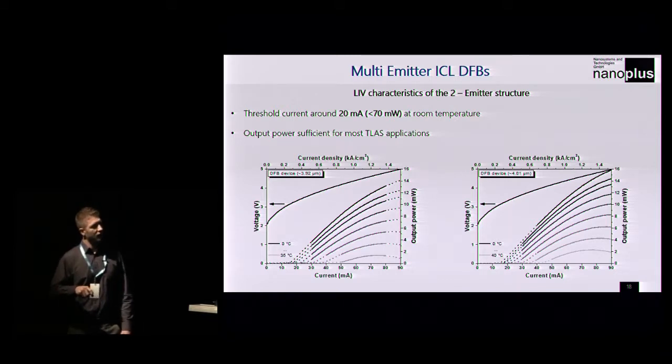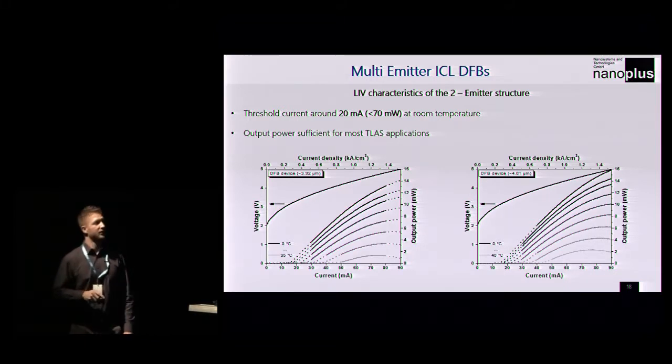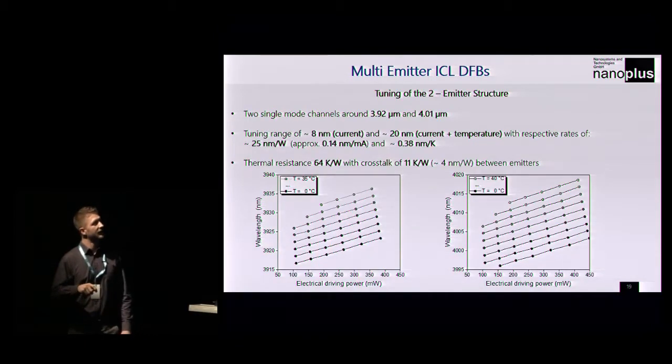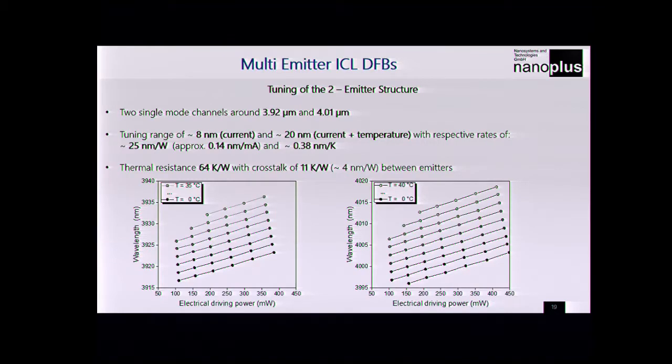We can reach output powers between 5 and 10 milliwatts, which is sufficient for most applications. The two single mode channels are further apart than the typical tuning width of one DFB. Here it's 90 nanometers.